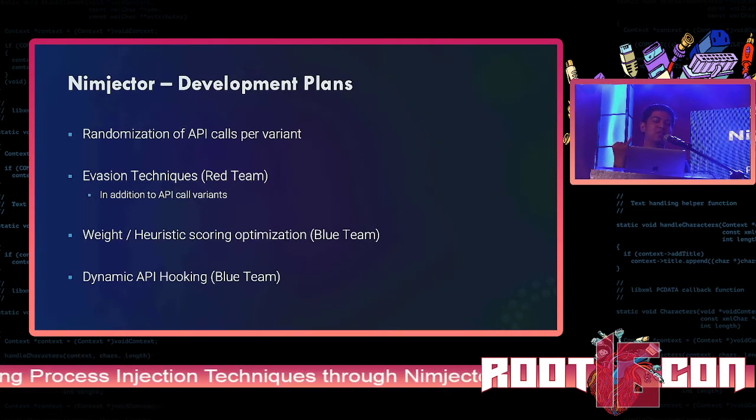If you randomize the variant for each API call, then the tool will present you a kernel32 call for open process, an NT API for, for example, virtual alloc X, a syscall for create remote thread, and a get syscall stub for close handle. With that, as you can see, it gives more variation in the technique.